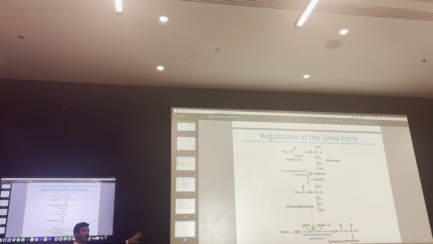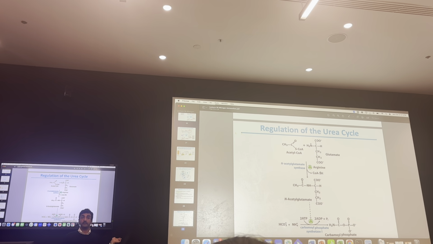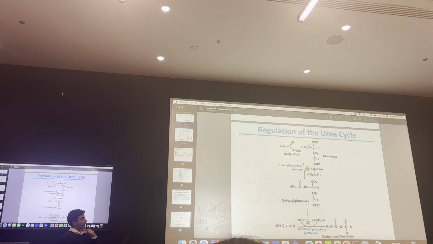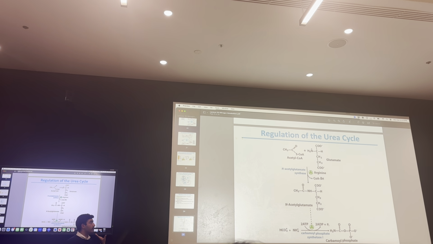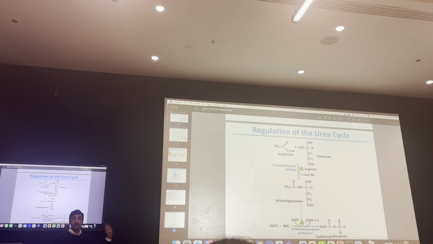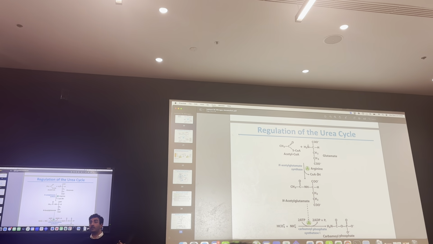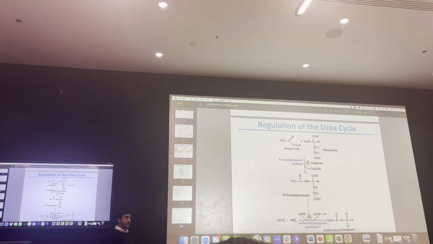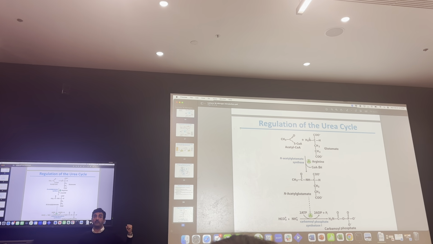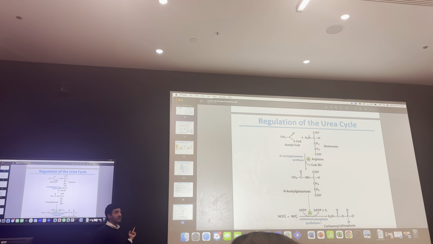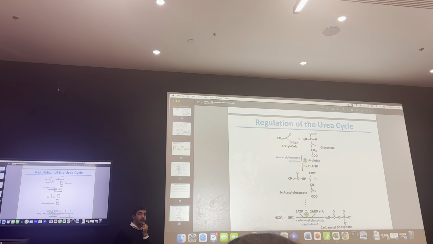If you're generating urea, I don't know of a pathway that uses urea as a substrate to make other things, right? So you're going to use this urea, it will be excreted, and so on and so forth. So you're not thinking you're going to recycle this urea, but you're trying to get rid of these excess nitrogens. And two signs that you have excess nitrogens, right, is increased arginine, increased glutamate, which can both be used to accelerate the disposal of the ammonia itself. Yeah, does that make sense?